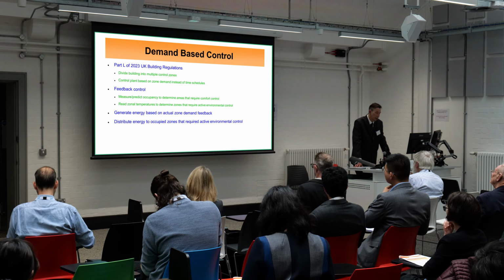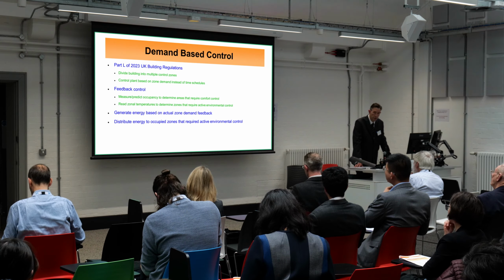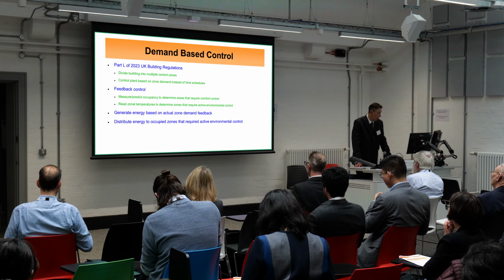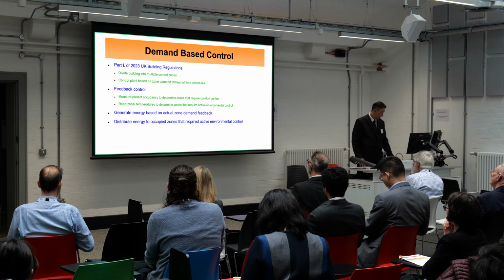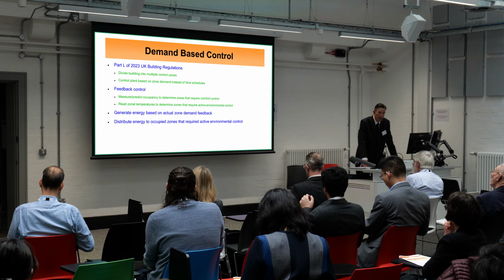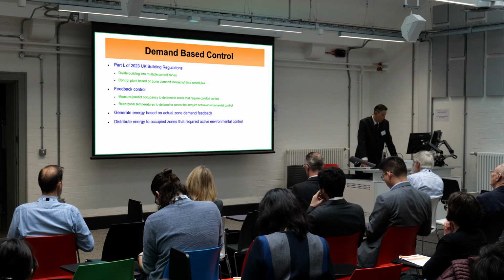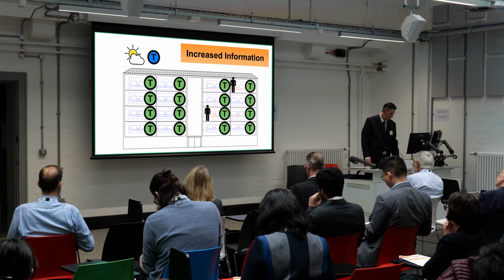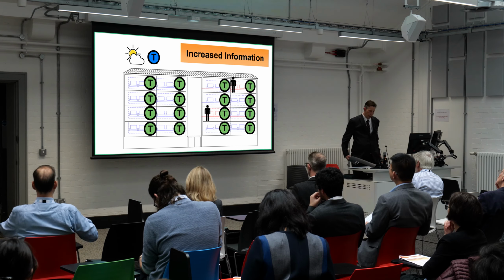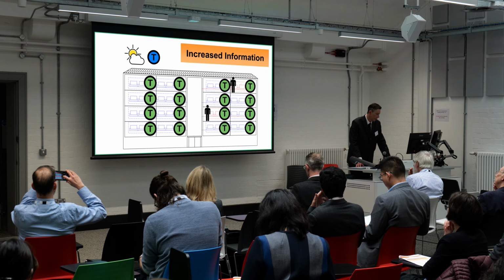We read the information from the zones and then make decisions at the distribution plant level and central plant level whether to run the plant and how to run the plant. And studies have shown that this sort of zonal control can achieve sort of 30% energy savings as opposed to global control.